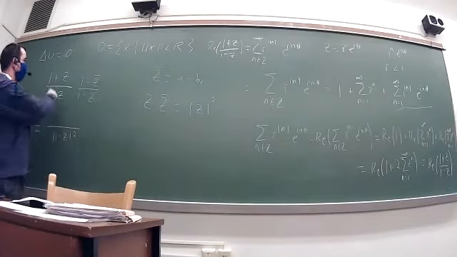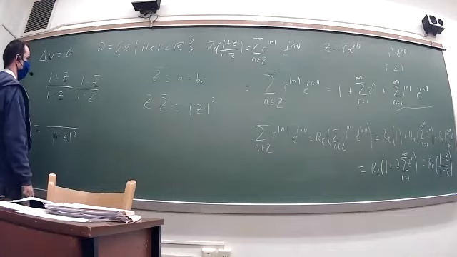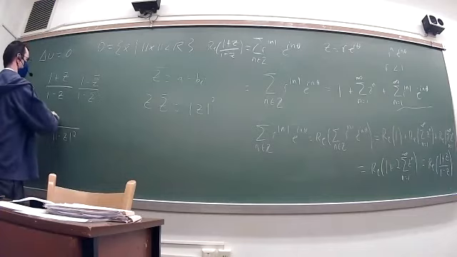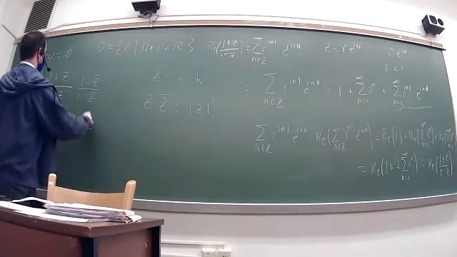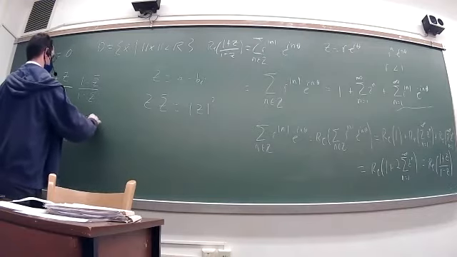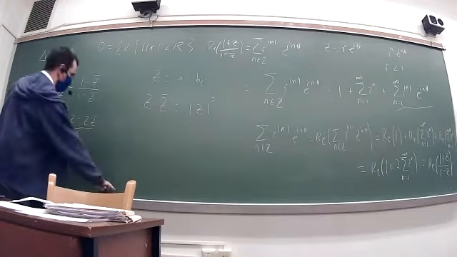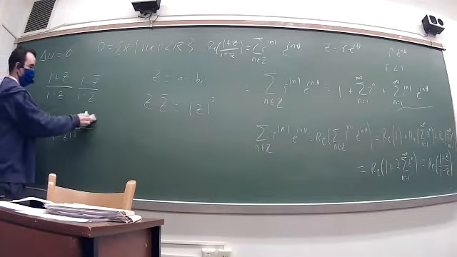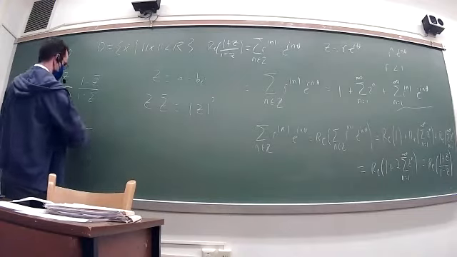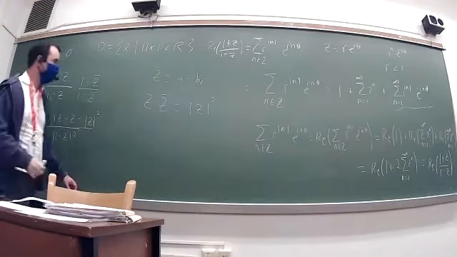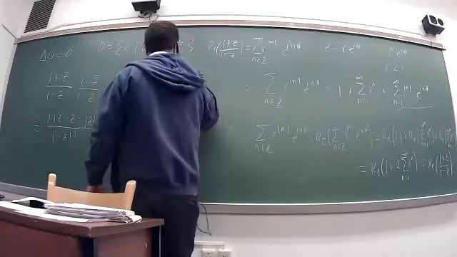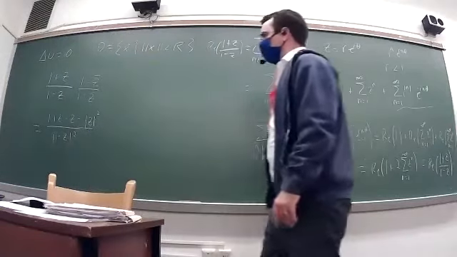And on top, you get 1 plus z times 1 minus z bar. So what do you get? 1 plus z minus z bar, and then minus z z bar, which is, again, modulus of z squared. So working with complex numbers a little bit.